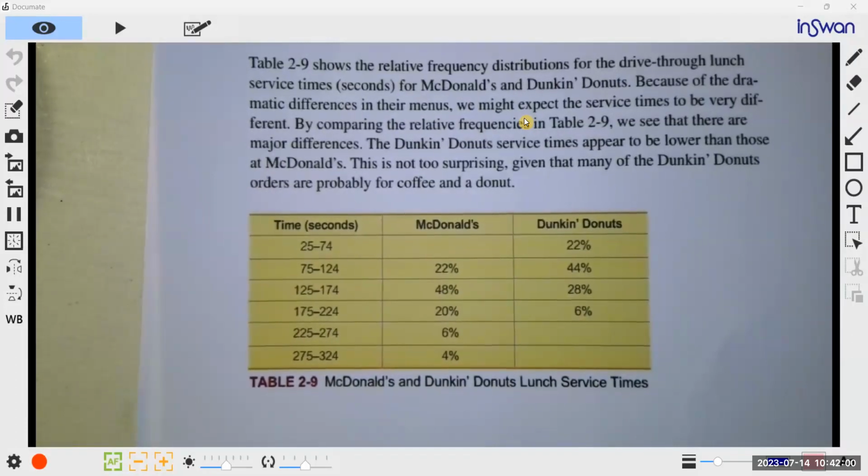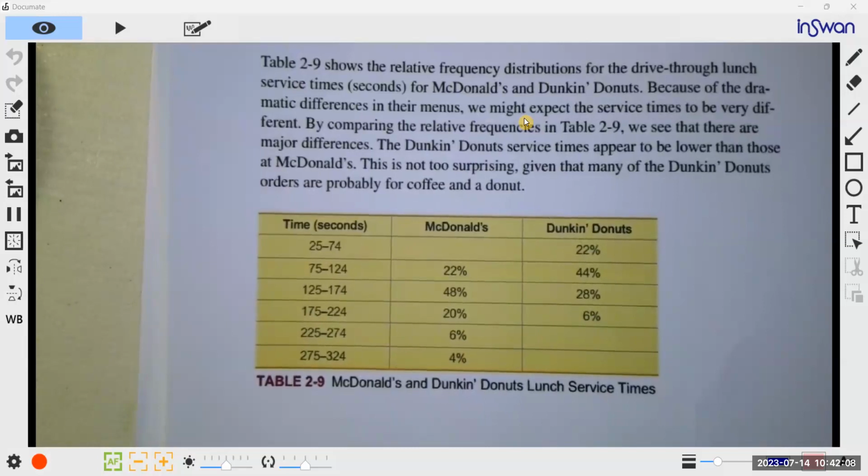Which is exactly what it is, because Dunkin' Donuts created their business plan to service the average worker who, at the time when they first developed, didn't have that much time for lunch. They were on a snack break, which Dunkin' Donuts pretty much invented the term. Their entire business plan was that you didn't want the customer to spend more than 10 minutes in your restaurant, because the longer they stay there, the less traffic can go through.